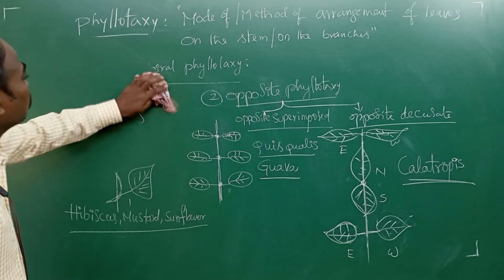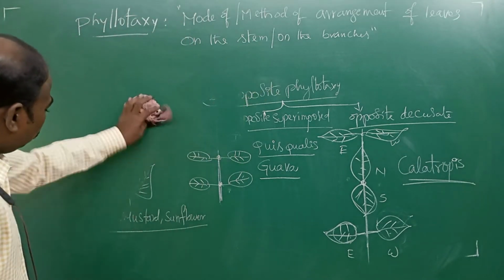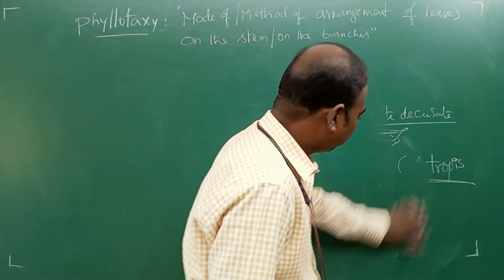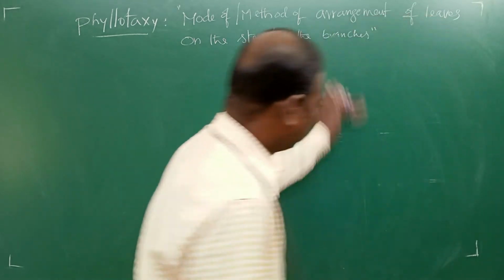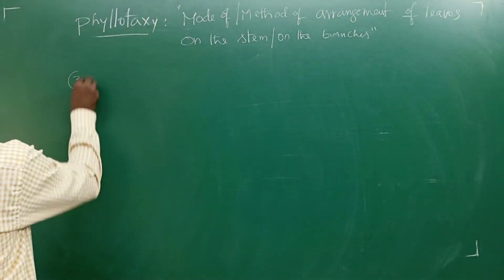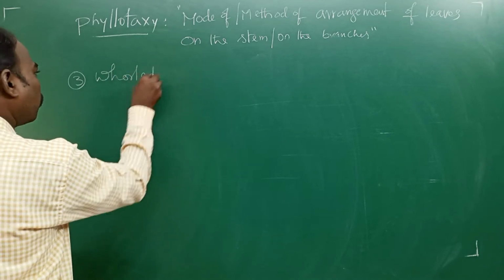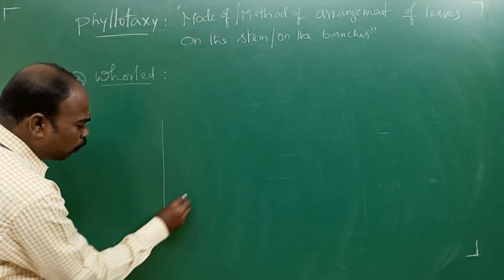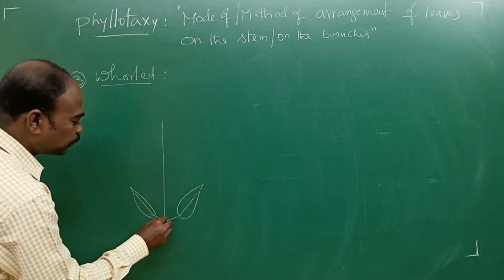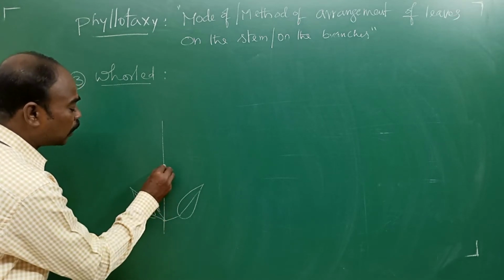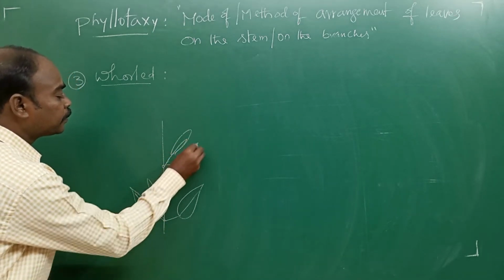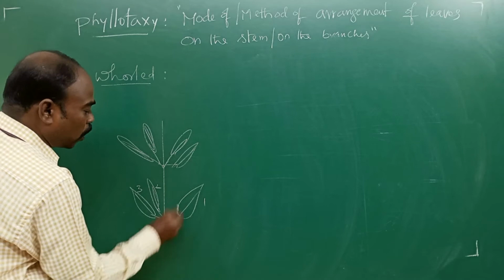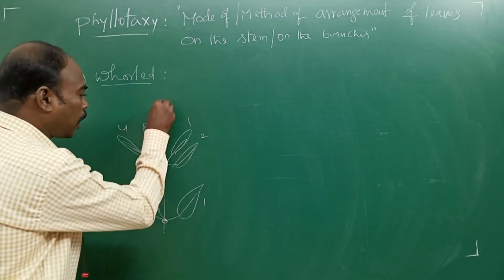Then the last one, whorled phyllotaxy. Whorled means each node has more than two leaves. 1, 2, 3 at a node. 1, 2, 3, 4 at another node.